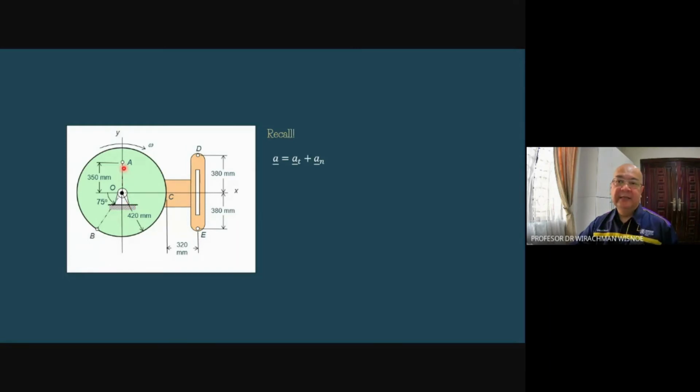For example, at A, we have the tangent to the right in the i direction. Normal will be from A to O. Tangential is the vector product of alpha with R, or alpha R times the tangential unit vector.